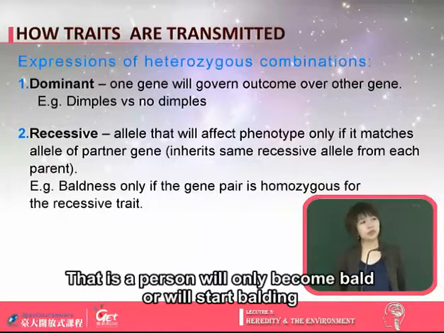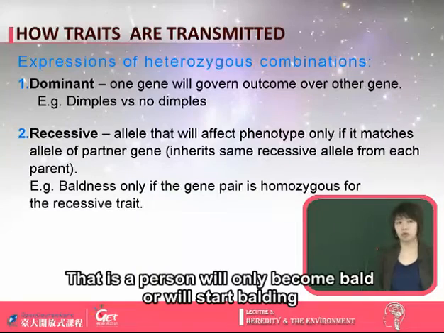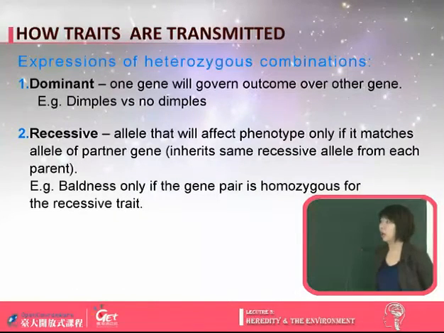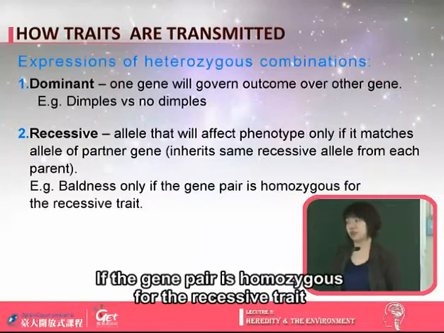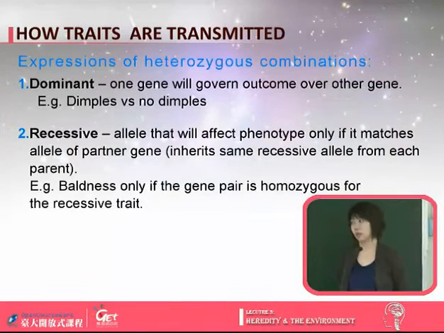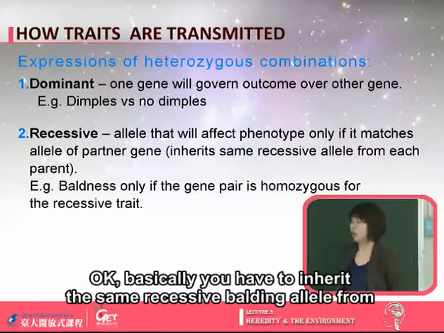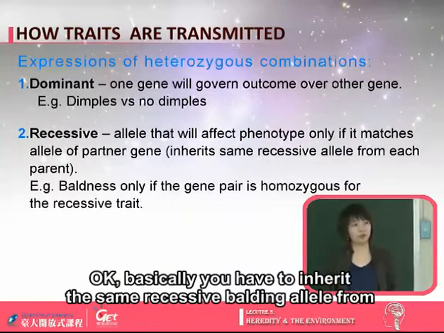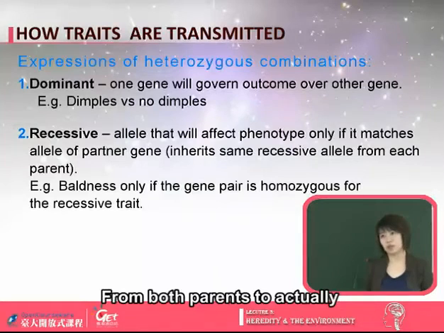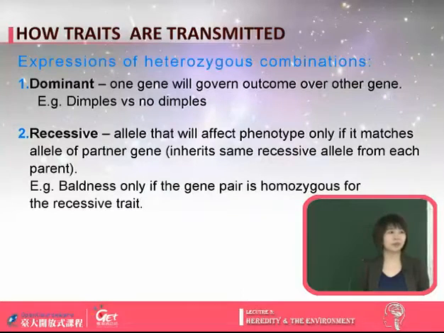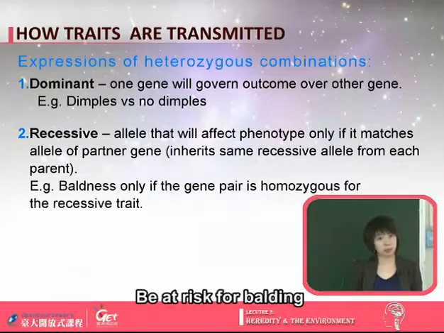That is, a person will only become bald or will start balding if the gene pair is homozygous for the recessive trait. Okay, so basically, you have to inherit the same recessive balding allele from both parents to actually be at risk for balding.